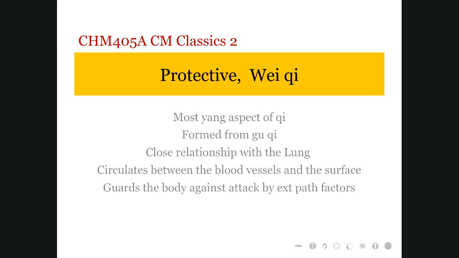This kind of Wei qi is very important in determining what ability we have to cope with living in fluctuating weather, temperatures, and environment, and how strong the yang qi is internally based on the 6 divisions will determine how strong the Wei qi is going to be presented.